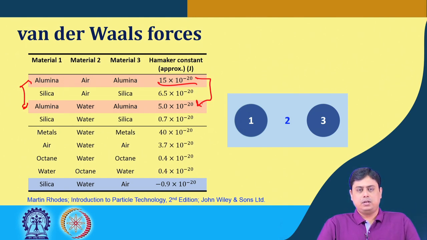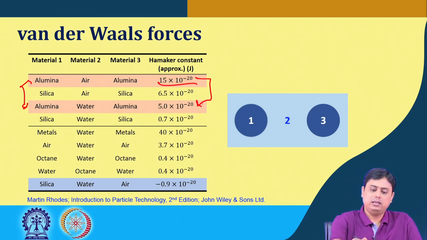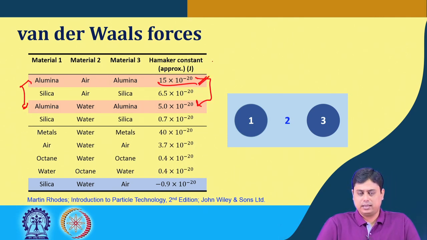Now this has an implication in our application. These fine powders of alumina, when they are in contact with air, are cohesive in nature, and that is due to this van der Waals interaction with a higher Hamaker constant, which means higher interactions, so they are more cohesive and difficult to flow.